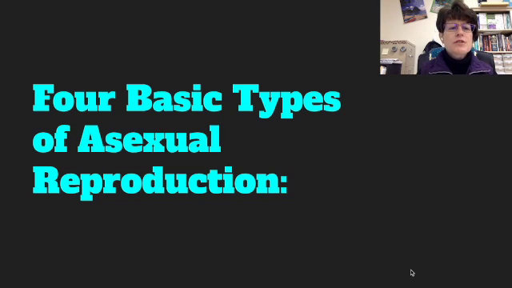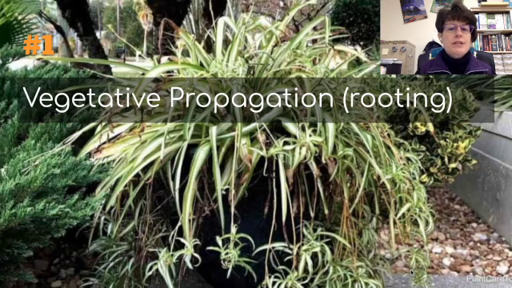So let's first start with asexual reproduction. The 4 basic types of asexual reproduction are: the first one is vegetative propagation. And you're probably quite familiar with this. Plants do this naturally, like the spider plant. At the bottom here are little plantlets that it is producing on itself.